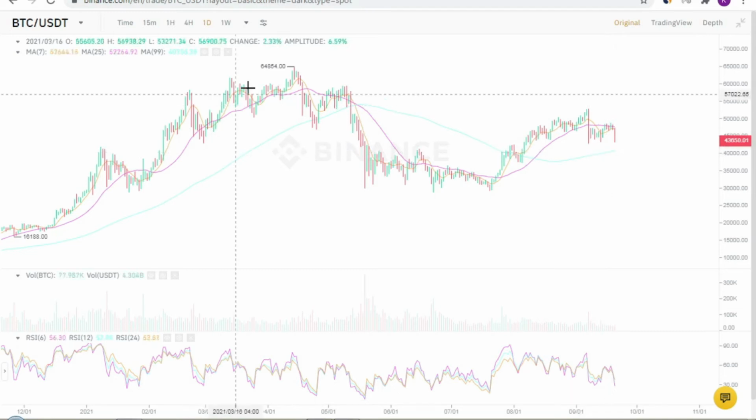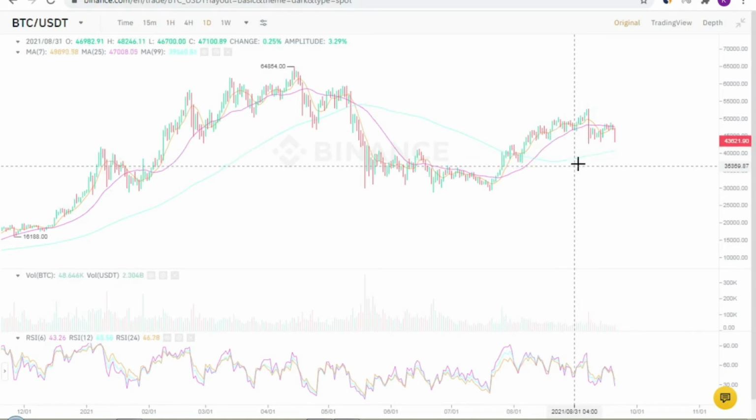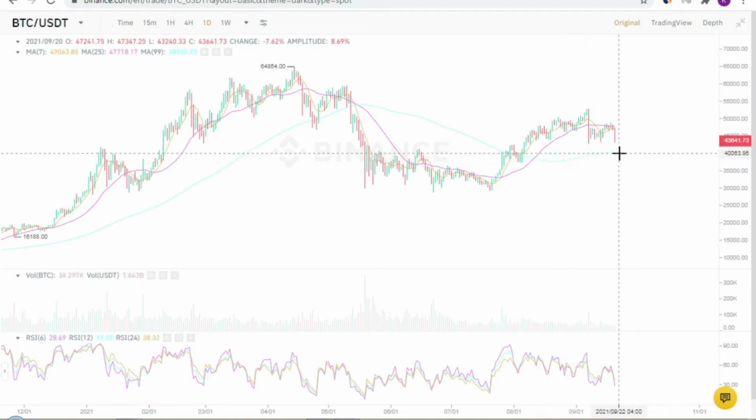So these moving averages, remember we are in the daily time frame. As you zoom in, these moving averages change. So in the daily time frame now, this blue moving average is the 200-day moving average, which means the market has agreed that Bitcoin's price should be at $40,000 on the 200-day moving average.